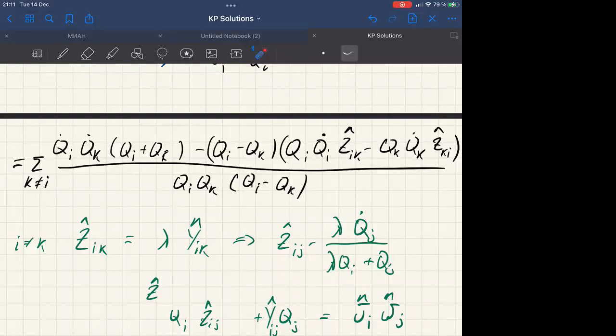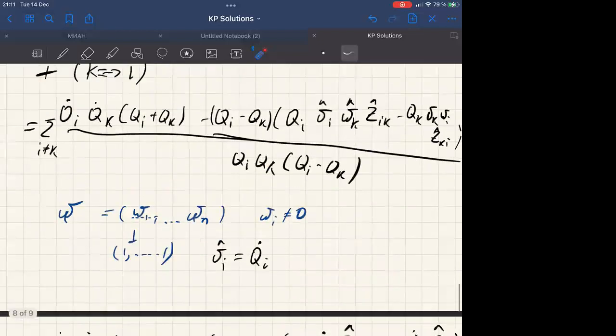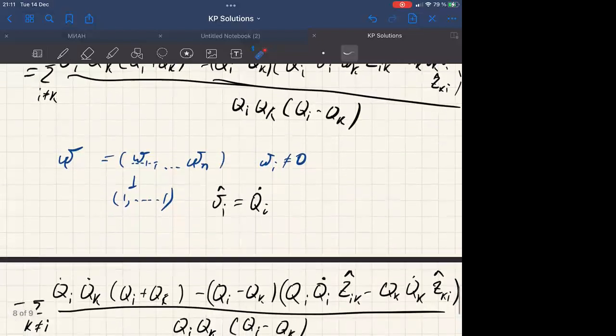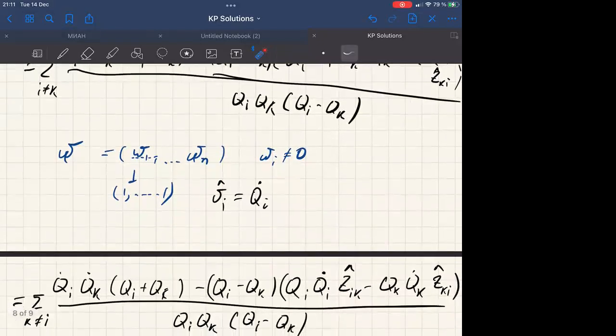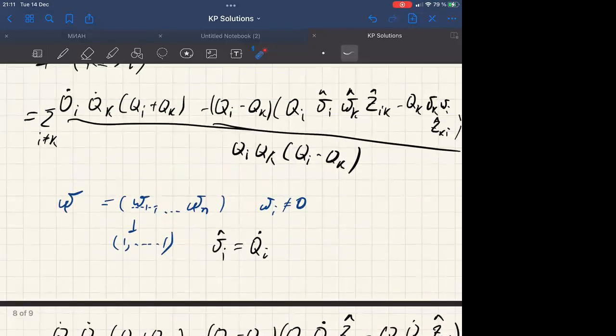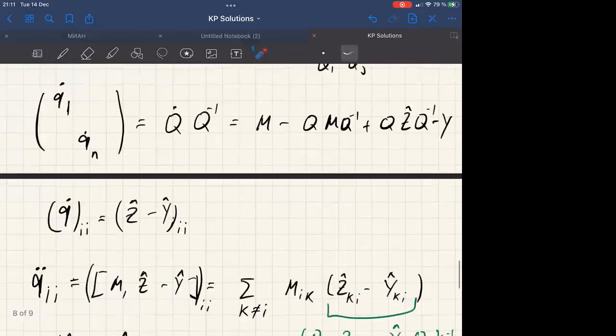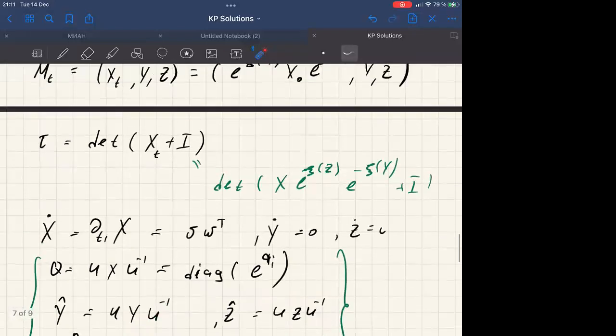Yeah. I agree that this is a legitimate way to obtain the Ruijsenaars-Schneider system from KP, but this is a special case of the dynamics of eigenvalues of the matrix X T, which I have written here. This one.